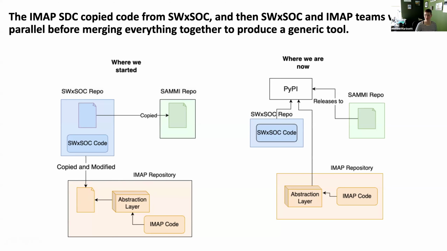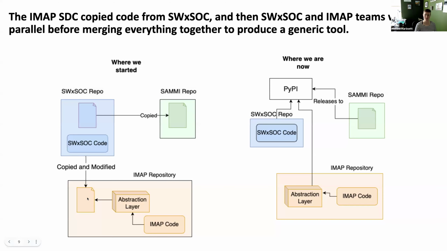This also helped the code develop because we could test it against a real use case as we were developing it. As we were writing Sammy, IMAP was using it and doing these iteration steps with scientists and with SPDF, so we were able to check right away that it was going to work for everybody. Indeed, this version of Sammy looks very different from the current Sammy. The current Sammy is a lot better.